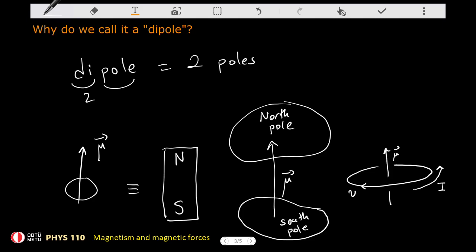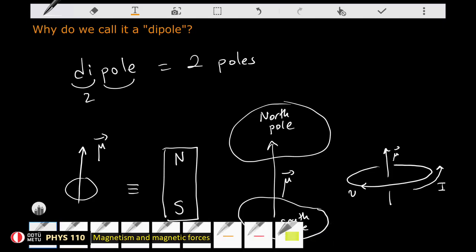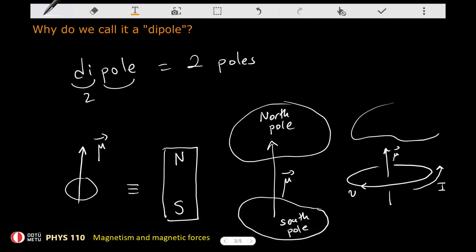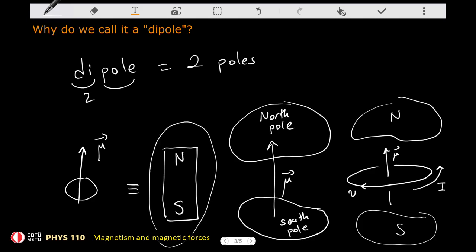So in this picture, for example, we can associate the upper part of that region, it's not a single point, as the north pole, and the lower part of that region as the south pole. So there is some kind of an association in here, and we can think of the atom as some kind of a tiny magnet, right? The real permanent magnets are actually formed from these atomic dipoles.